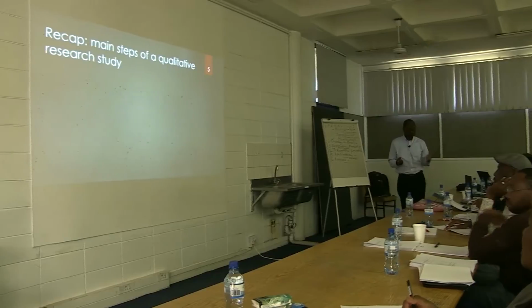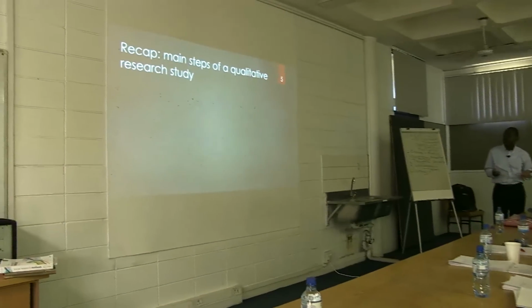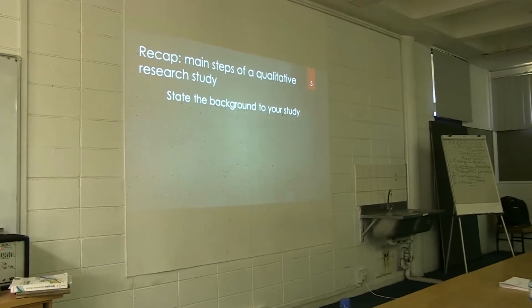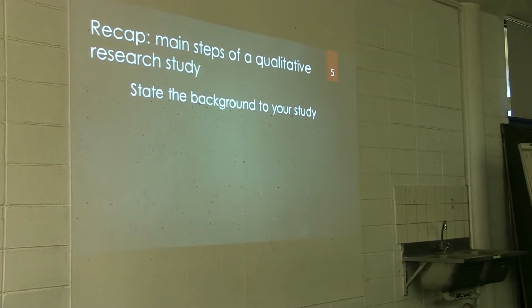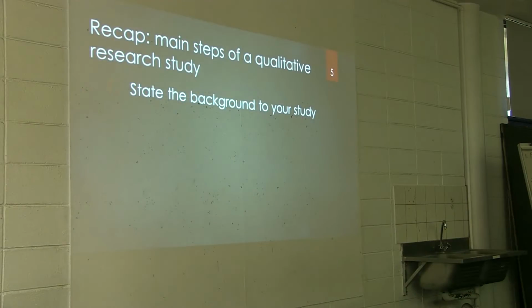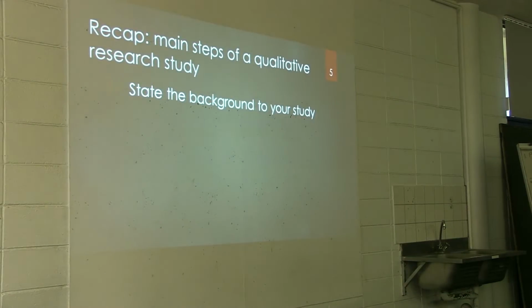Okay, but you'll find this in most books. So here are the main steps to a qualitative research methodology. You state the background to your study, the background to auditing of small to medium enterprises, the background to policing in townships.